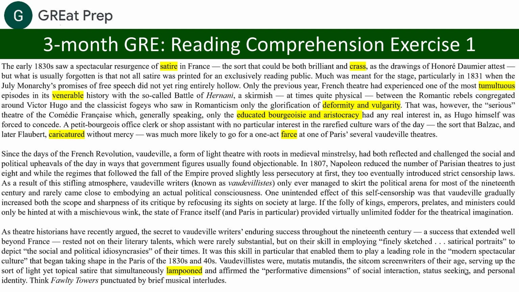And then there are certain words like the educated bourgeois, aristocracy, lampooned. So these are words that frequently appear in the GRE, and these words will be found on any reputed GRE word list. So you should spend some time going through the word lists, and when you're encountering these words that you recognize, the bourgeois, aristocracy, or lampooned, mentally you know what these mean, right?